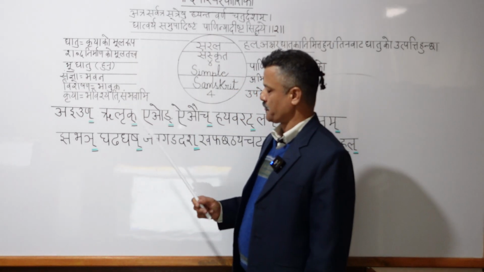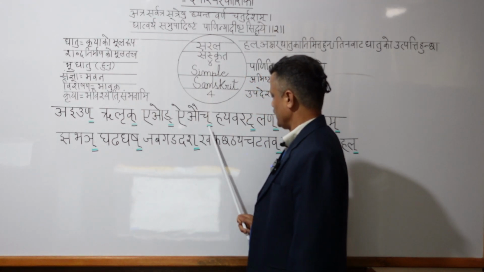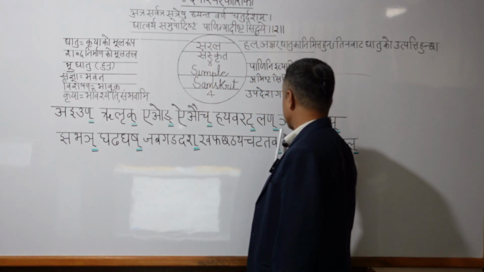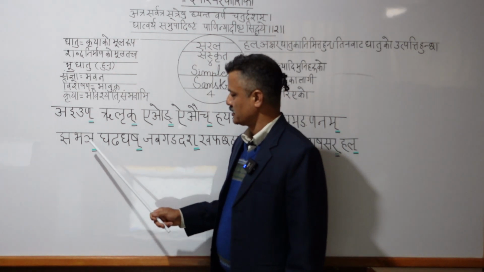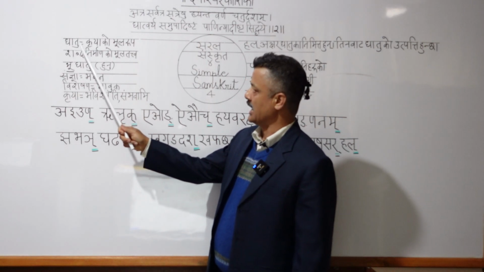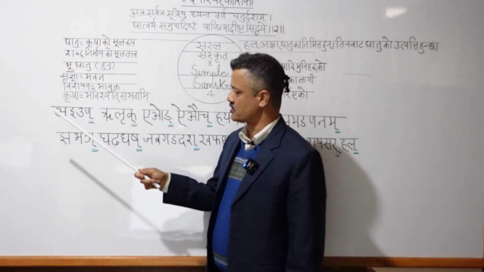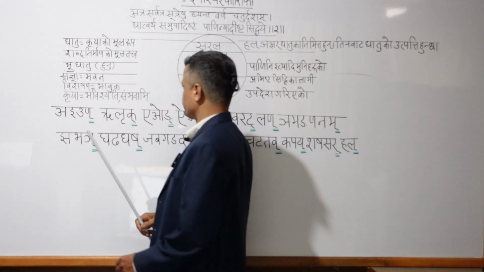So what do we see? Each of these 14 letters that come at the end of each group of letters here are used to form the root, and from the root we form the words, we form the nouns, adjectives, verbs, and many more.